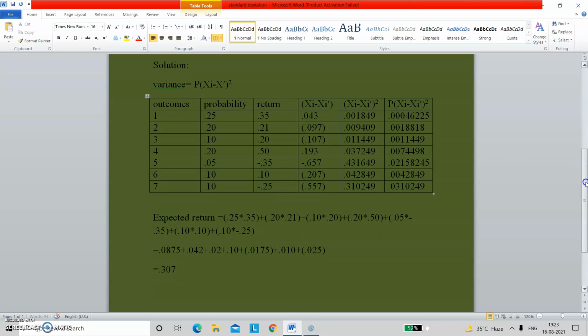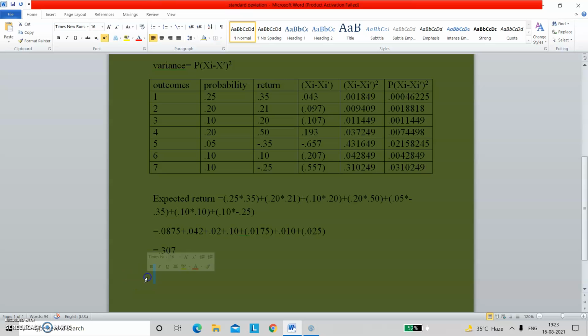We have to find out the collective variance. So what we are going to do is find out the variance for this, right? And for variance, we have to add these.